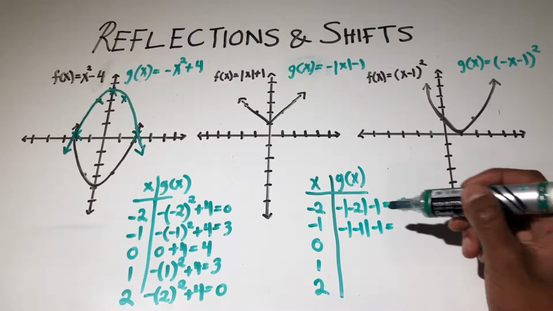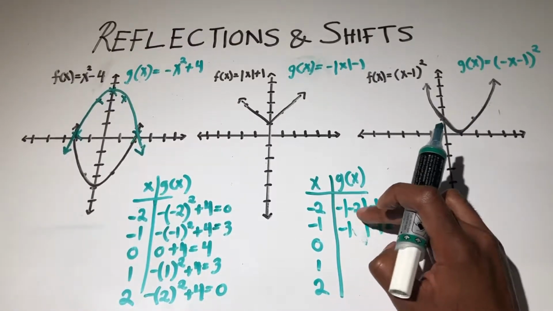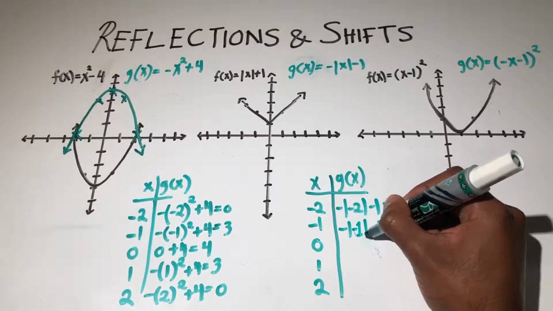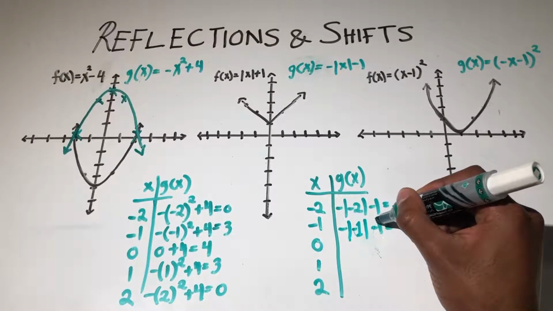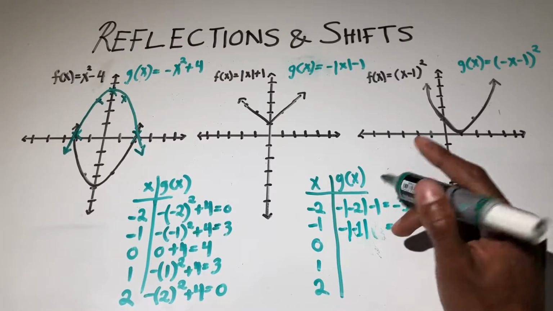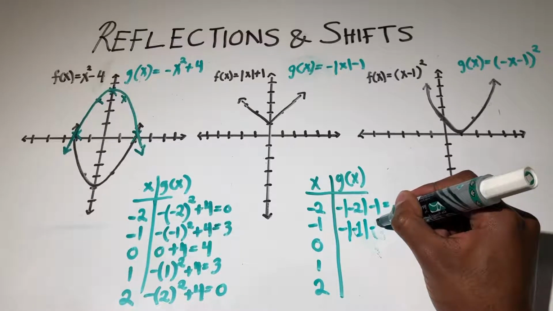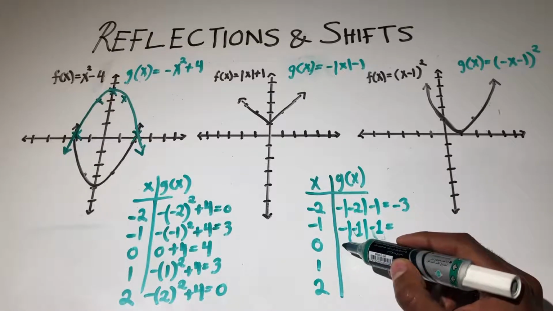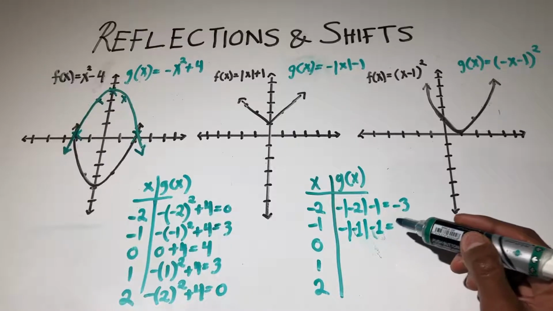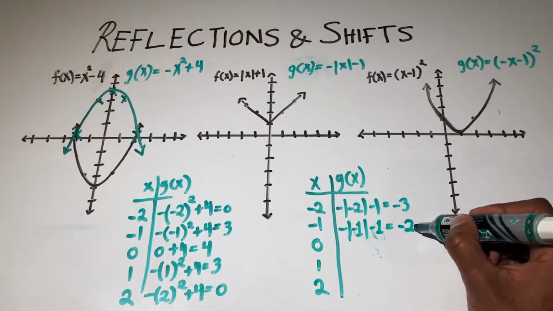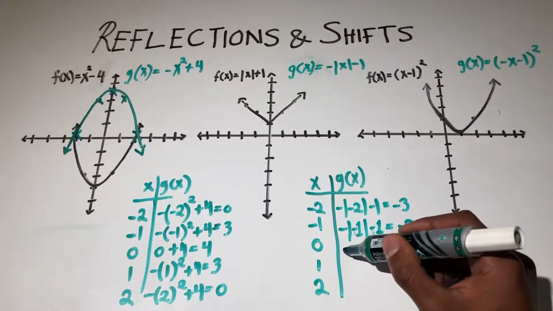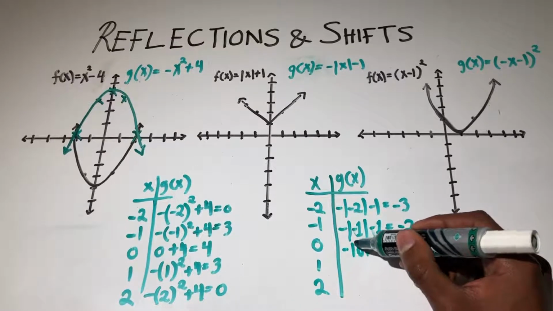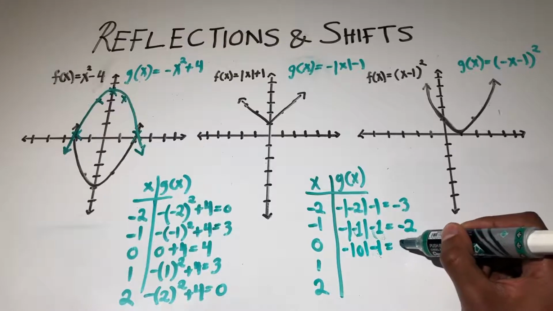so the absolute value of -1 is just 1, and then we have the negative outside, so -1 minus 1 is going to give us -2. Now if we plug in 0, negative absolute value of 0 minus 1, well that's just going to be 0, so 0 minus 1 is going to give us -1.